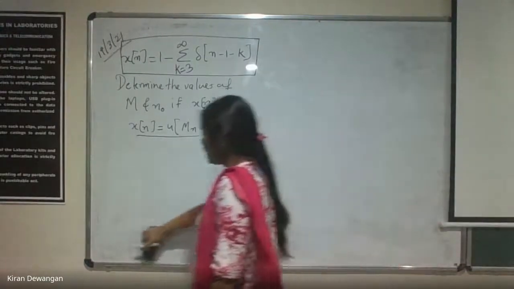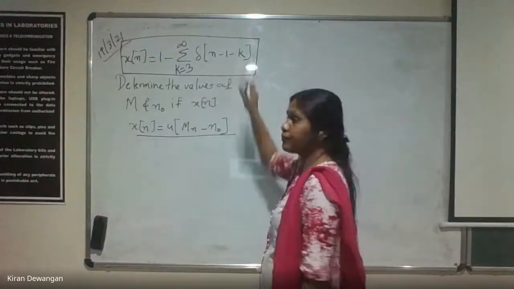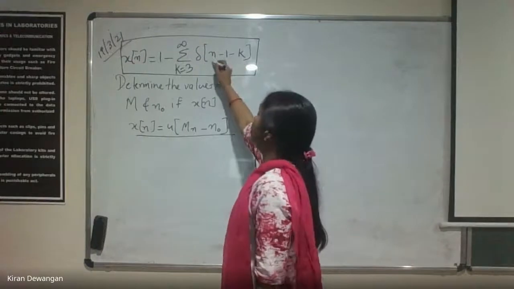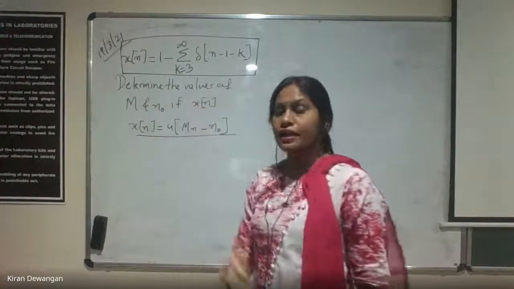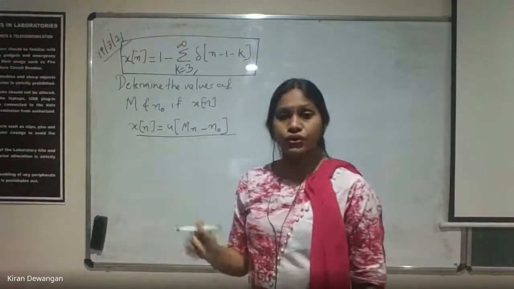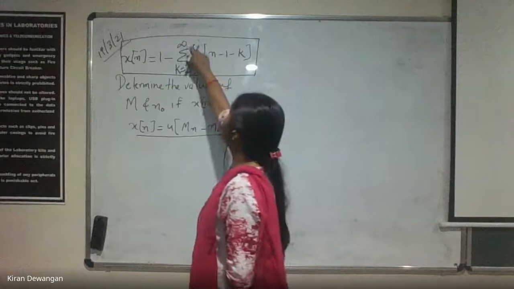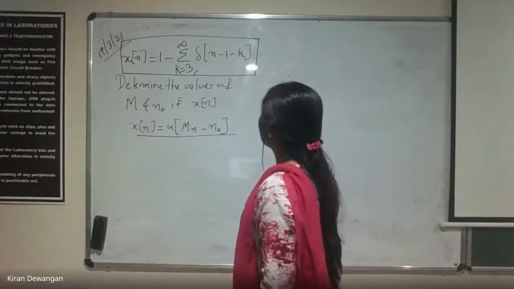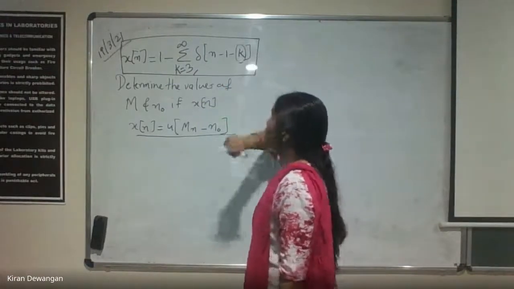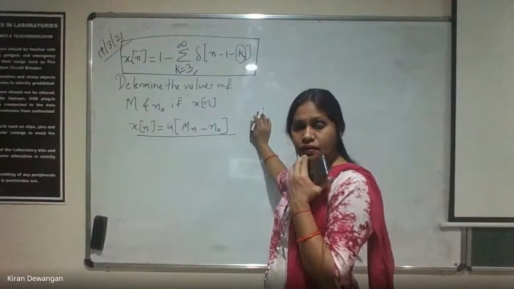Here, delta is n minus 1 minus k, and k is starting from 3 to infinity. So if we keep the value of k as 3, what will be my delta value? Delta n minus क्या होगा?